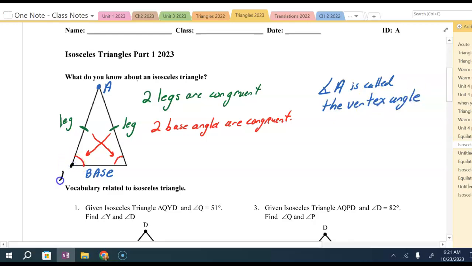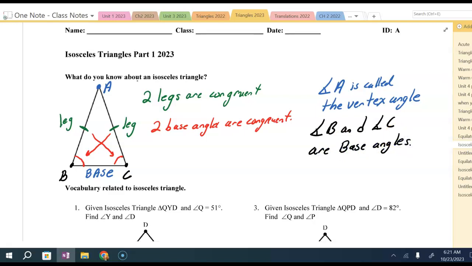So in this triangle, if I say B and C, angle B and angle C are base angles. The legs are AB, which is congruent to AC. And then the base is BC, it's between the two base angles.